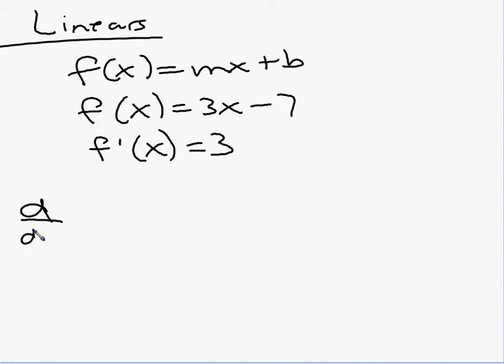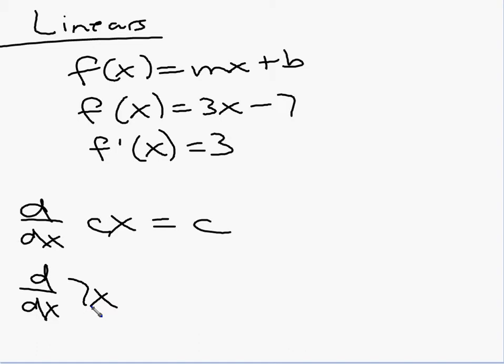The derivative of cx, or I could say mx plus b, is just going to be c. If x is to the power of 1, if it is a linear, the derivative is just the constant in front of it. So for example, the derivative of 7x is going to be 7.